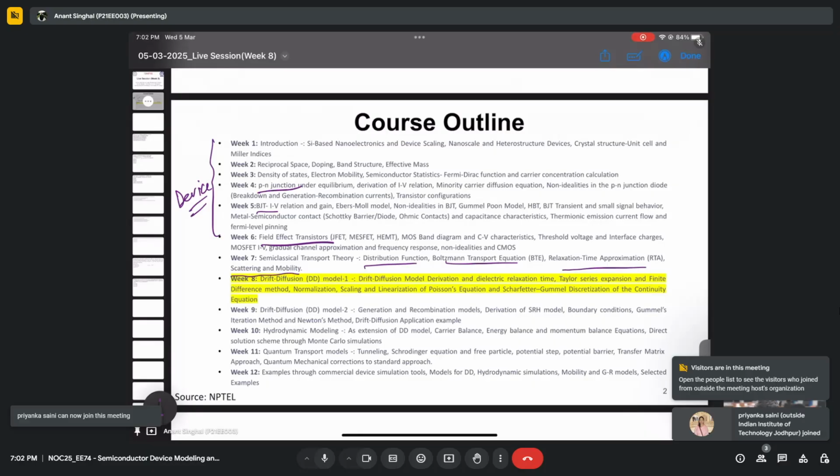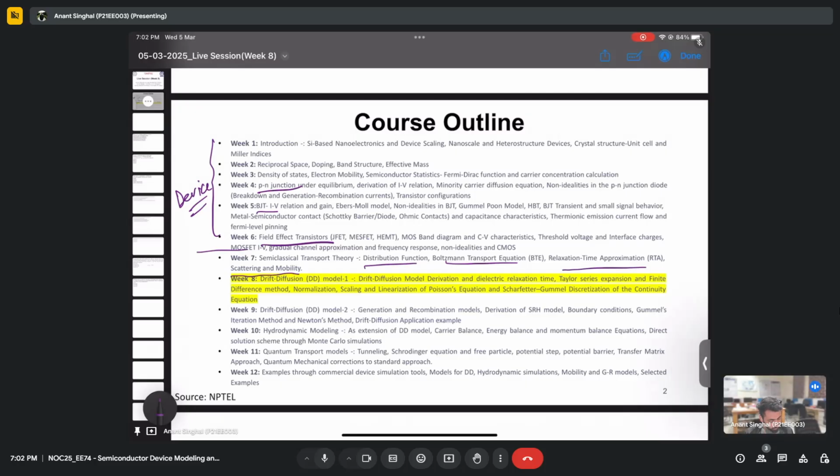Once covering the device part, we started with the modeling aspect. As you can see, the week 8 and 9 lectures are both dependent upon the DD models, that is the drift diffusion models. We'll be covering some part of the drift diffusion models, and we'll also see some of the derivations, because there are many different phenomena and many different cases we can take, such as the generation and recombination model.